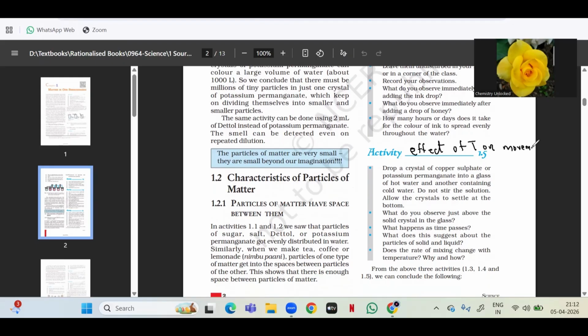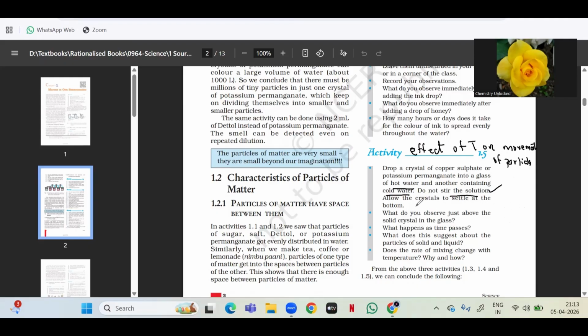All three activities are related to movement of particles, children, right? You put copper sulfate or potassium permanganate in hot water, and another beaker or glass contains cold water. Do not stir. This is the condition because we are studying the movement of the particles, so we don't have to move them manually. We have to see whether they move on their own or not.